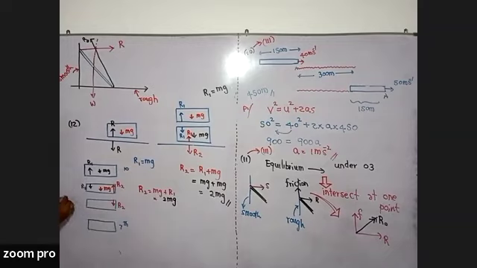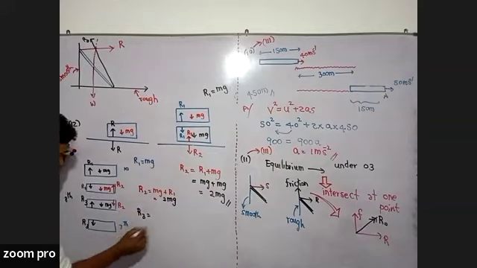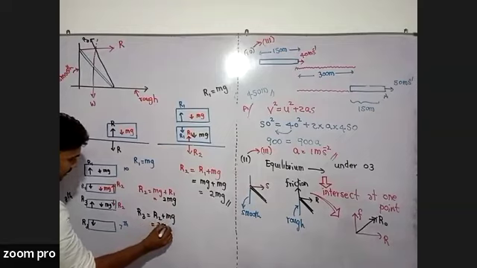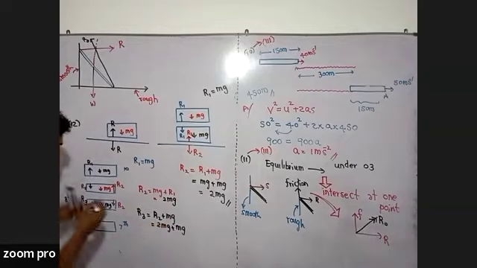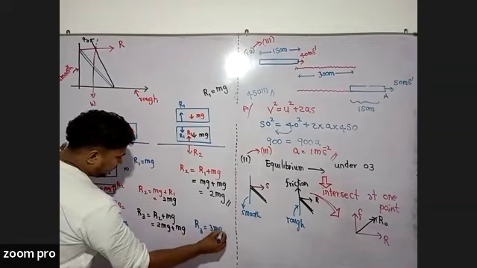Right. Let's come to the 8th coin. It also has a weight, and it also experiences a normal reaction R3, which is exerted by the 7th coin, and the 7th coin also experiences the same force, right? If we consider the equilibrium state by considering this 8th coin, R3 equals R2 plus mg. Since R2 means 2mg, then R3 means 3mg.